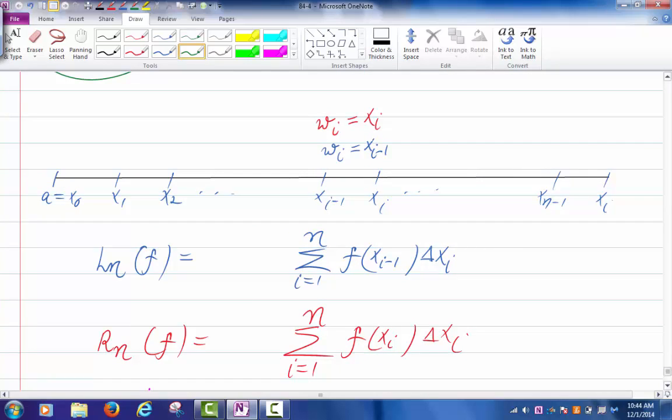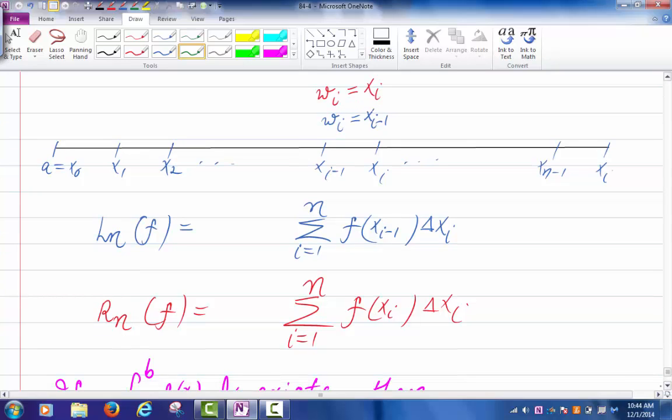There are two special Riemann sums that I want you to know about. One is the left-hand Riemann sum. Remember, if I have a partition, I have to pick sample points. So what is the left-hand Riemann sum? Ln of f means you are going to evaluate the function at the left endpoints of each subinterval.